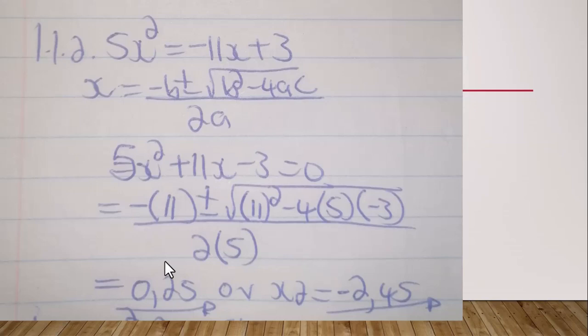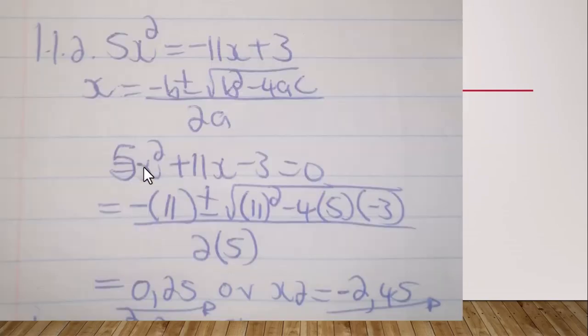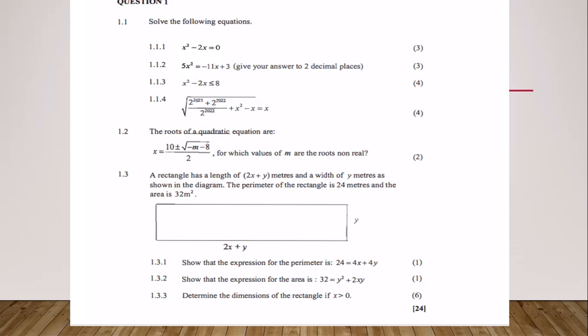So in 1.1.2, again, let me just stress that there are many ways in which you can look into this. You are more than welcome to do so. And in 1.1.2, we have 5x squared equals minus 11x plus 3. And they said correct to 2 decimal places.